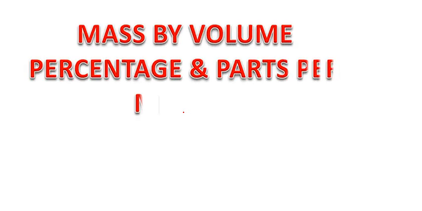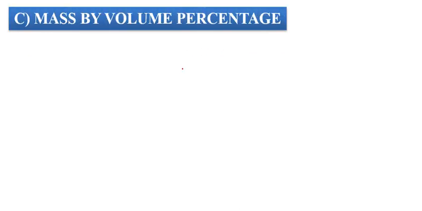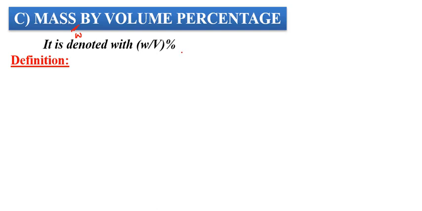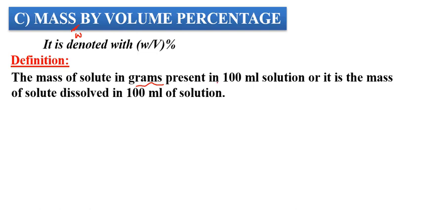Next, mass by volume percentage. See, first mass, then volume. Mass by volume is denoted with W by V percent. Mass is always shown by W, that means weight, and V for volume. Now, the mass of solute in grams present in 100 ml solution, or it is the mass of solute dissolved in 100 ml of solution.